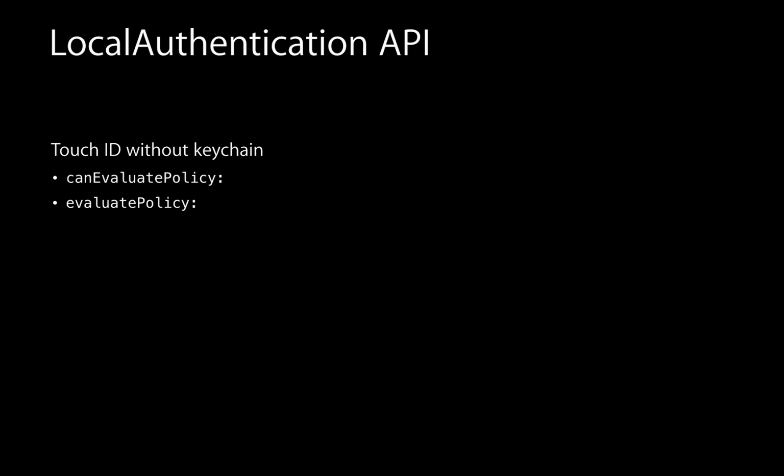So in case of Touch ID, it will just tell you if the device is Touch ID enabled and if there are any fingerprints enrolled. The evaluate call then starts the authentication operation and shows the necessary user interface. And the result, which you will get, is just a plain yes or no from this evaluatePolicy function.